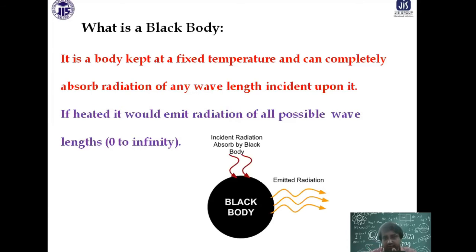Then what is the meaning of full absorption? Full absorption means suppose radiation is coming in on a surface. If 100 units of radiation come in, a portion gets reflected, a portion gets absorbed, and a portion gets transmitted. Suppose out of 100, 80% is reflected and 20% absorbed, because it's a solid body so there is no transmission.